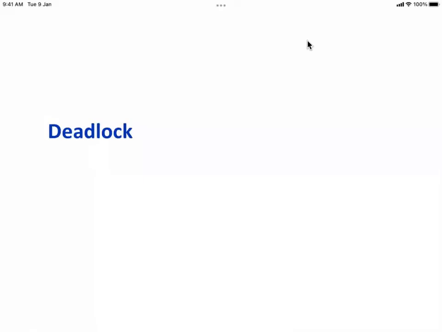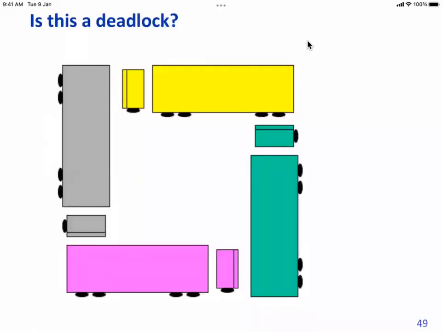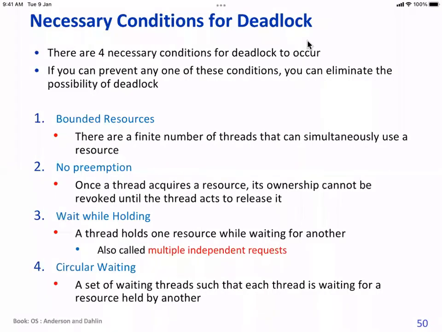And then we have seen that in normal life also deadlocks can happen, when all processes that are in execution come to a standstill, because processes want resources which are kept by other processes. Okay, and then we have seen there are 4 necessary conditions, like bounded resources. Okay, if the number of resources is limited.